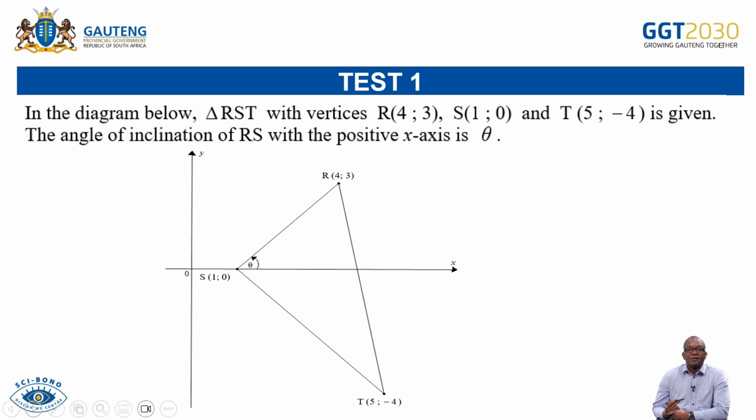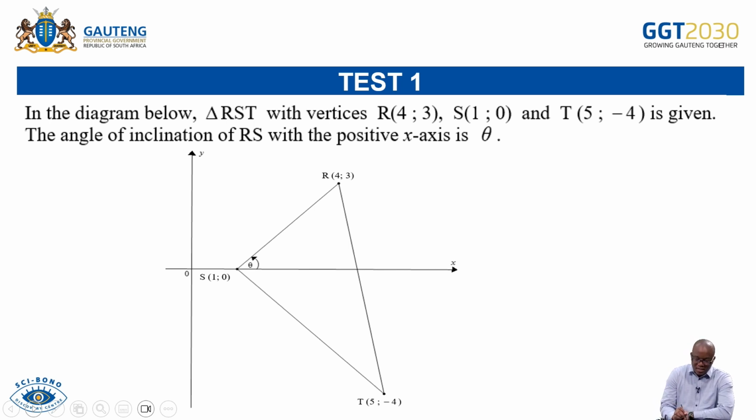This is the revision of your weekly test that was provided to you. So now the question states as follows: in the diagram below, triangle RST with vertex R, which is 4 and 3, S, which is 1 and 0, and T, which is 5 and -4, is given. The angle of inclination of RS with the positive x-axis is theta.